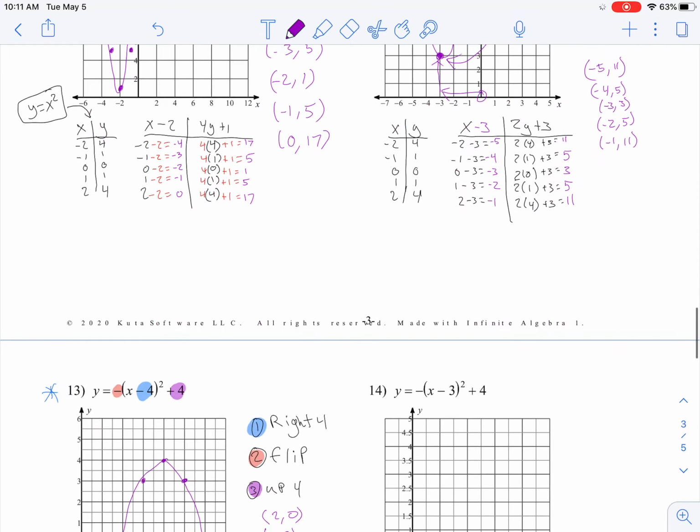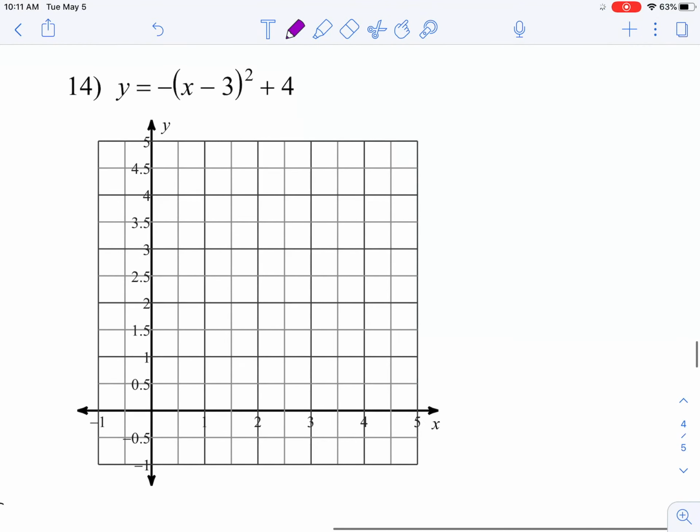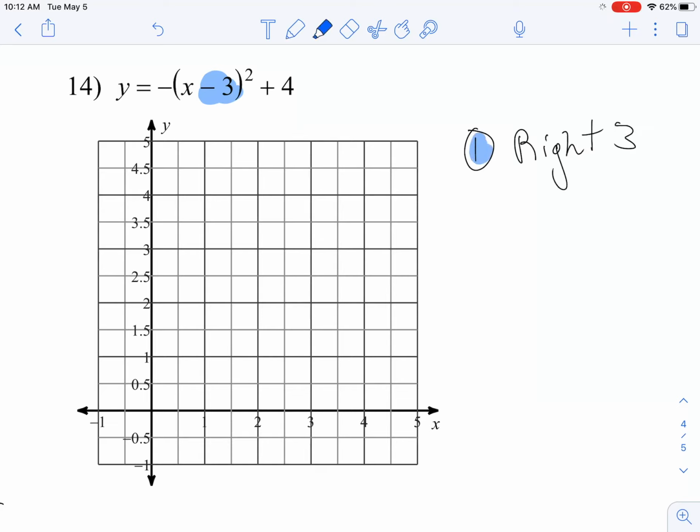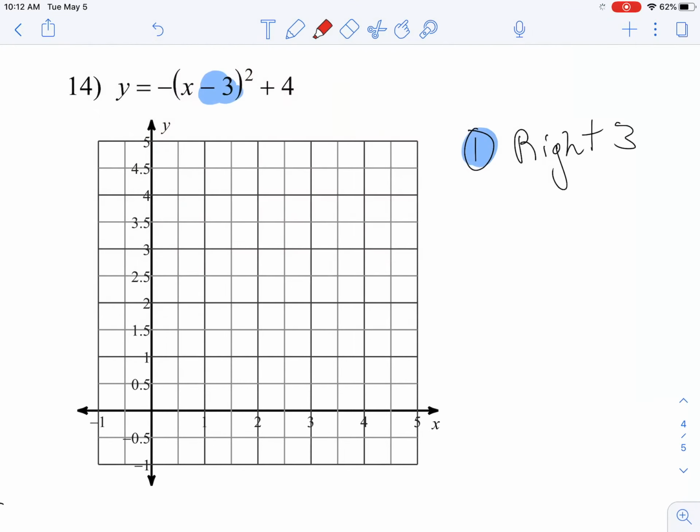All right, let's take a look at number 14. Let's describe our transformations first. So we're moving right 3. We do the opposite. And then we're going to flip over the x-axis.